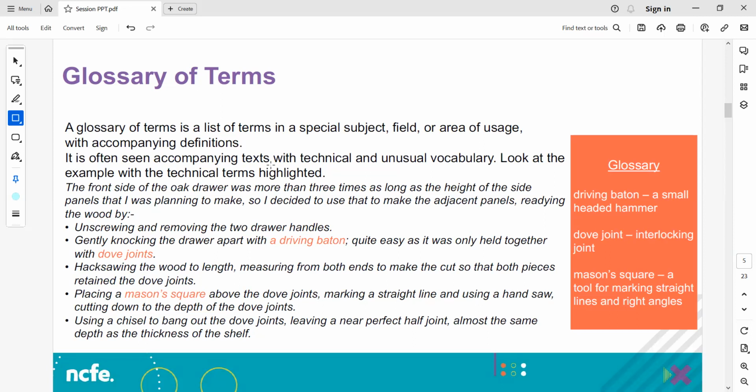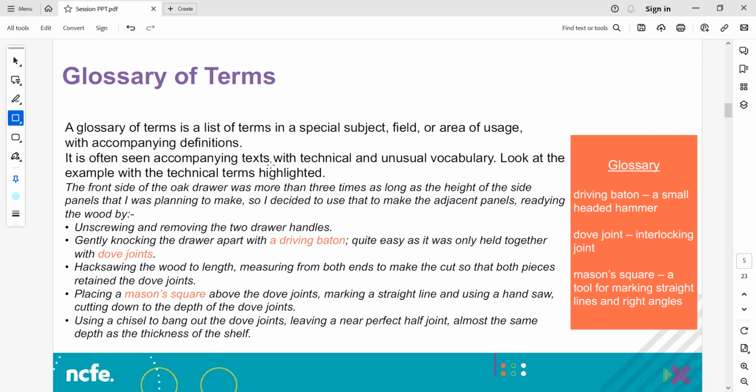Placing a mason square, so again, we can refer to the glossary, and it's a tool for marking straight lines and right angles. For placing the mason square above the dove joint, marking a straight line and using a handsaw, cutting down to the depth of the dove joints. Using a chisel to bang out the dove joints, leaving a near perfect half joint, almost the same depth as the thickness of the shelf.